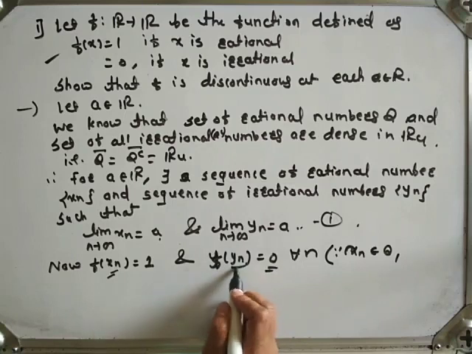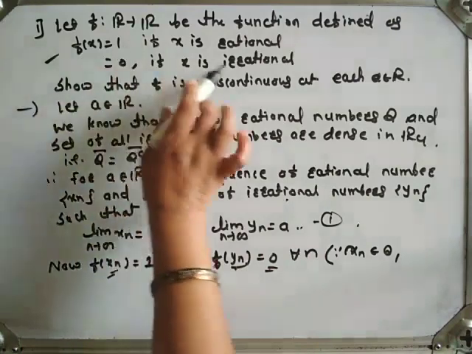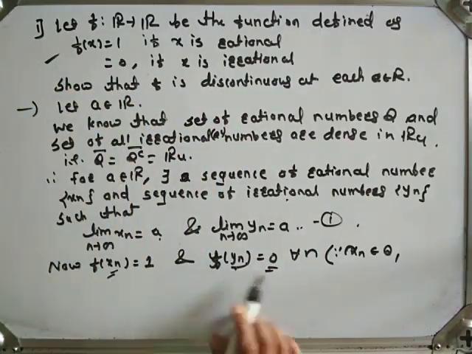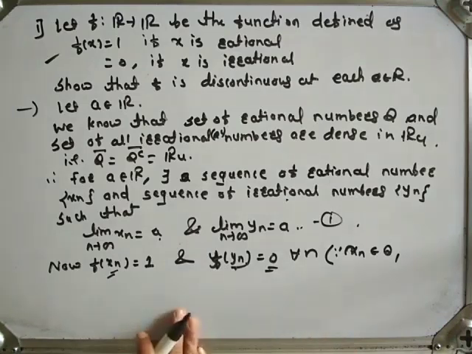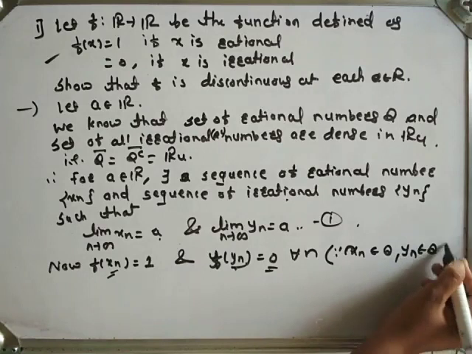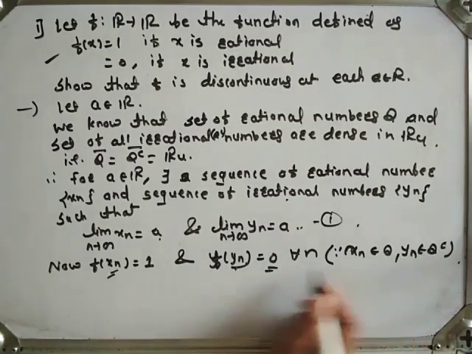Because yn is a sequence of irrational numbers, and when x is irrational, f of x is equal to 0. That's why f of yn is equal to 0, because yn belongs to Q complement.